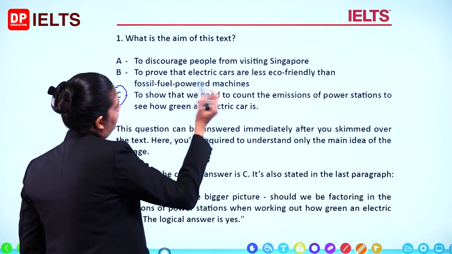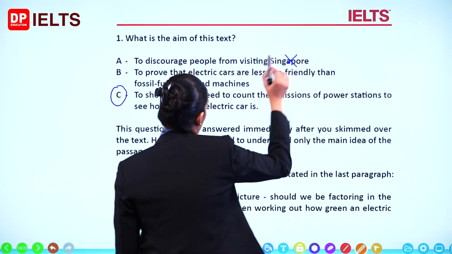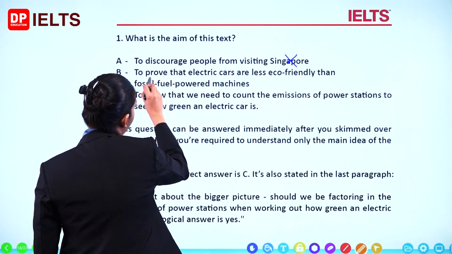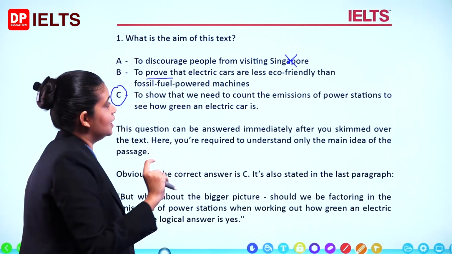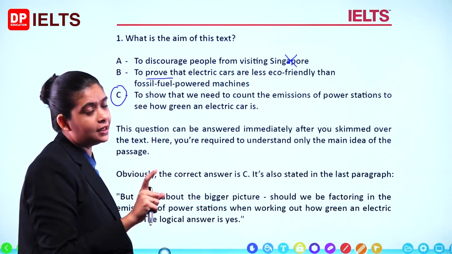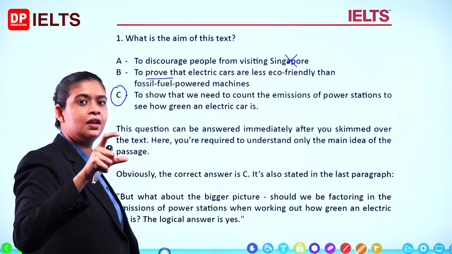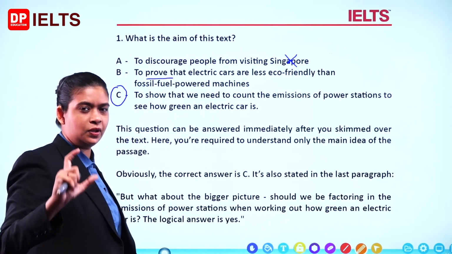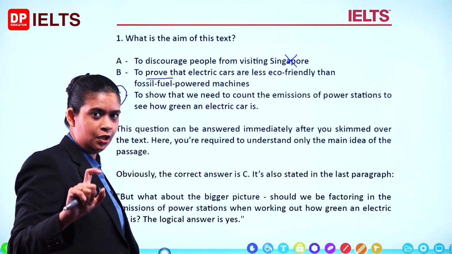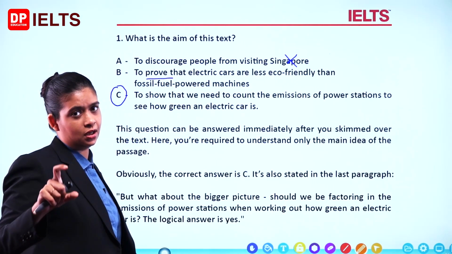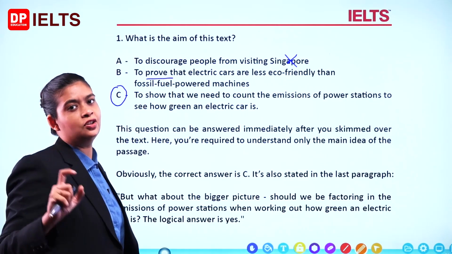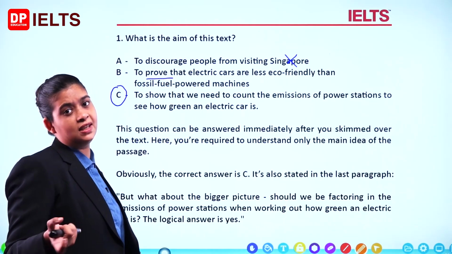Because it never discouraged people from visiting Singapore, never spoke about it. To prove that, definitely not. Less eco-friendly, it never said so. It was looking at the cost and telling people we need to see the bigger picture. Not just getting in an electric car, but is it cost effective? Is it so or not?